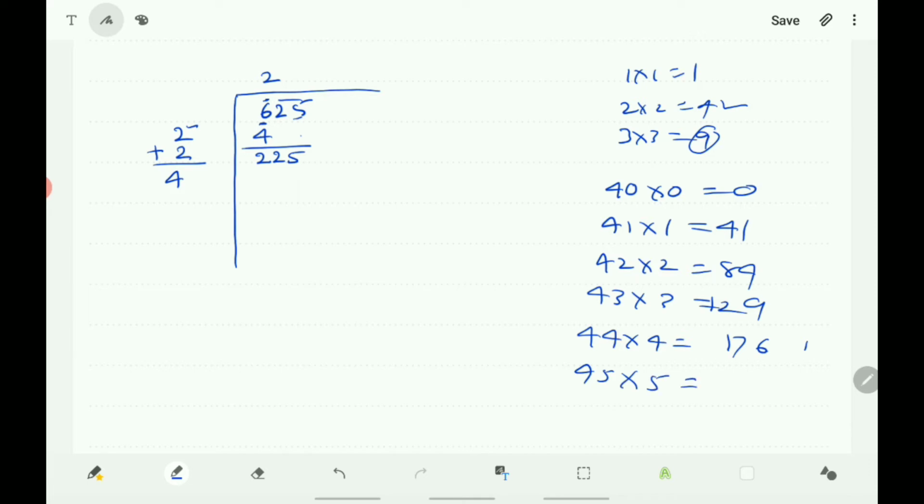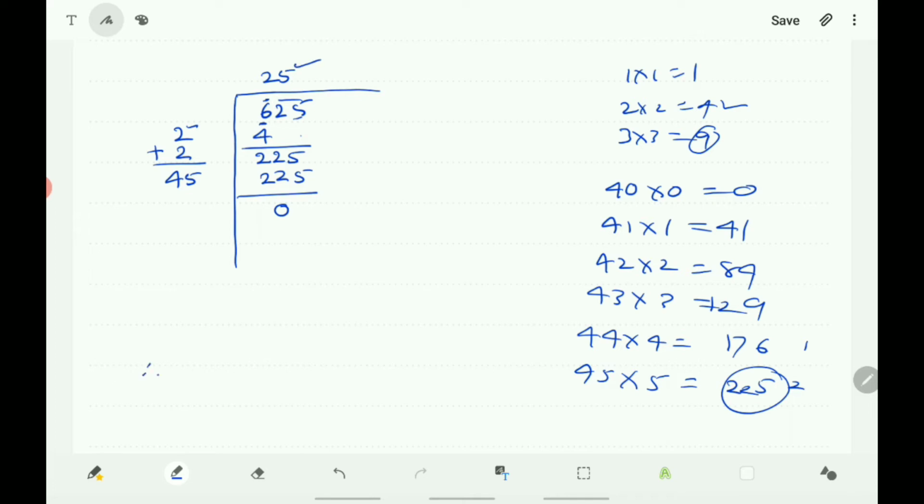45 into 5, that is 5 fives are 25, 5 fours are 20 plus 2, 225. You got it here. So if you put 5 here and 5 here, 45 into 5 is 225. So it gets 0 and the root is here 25.